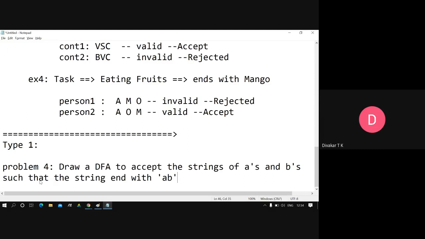This is the question. Read out the question, guys, and write the question in your notebook. Rather than "end with", I'll say "ending with".